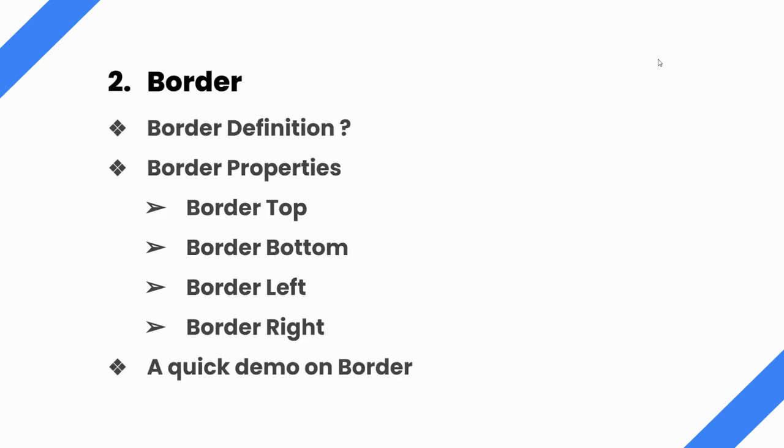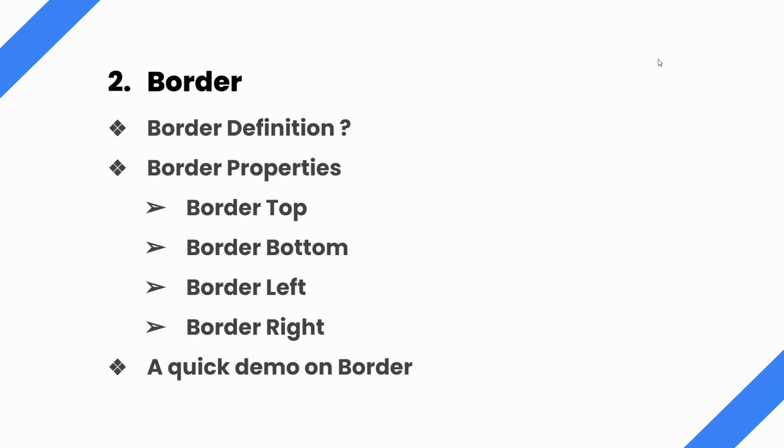So the second section we have for today's class is the border section, which I already talked about last week. But here we'll be focusing more on the border properties and the border values also. As you can see on the screen, we have the border properties to be border top, border bottom, border left, and border right. And each of these properties can actually be styled independently.